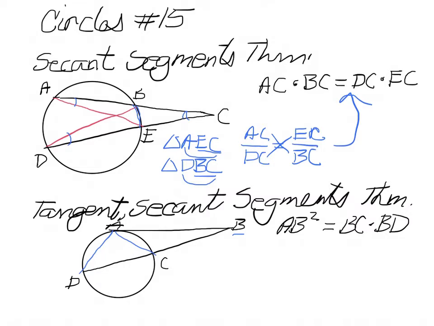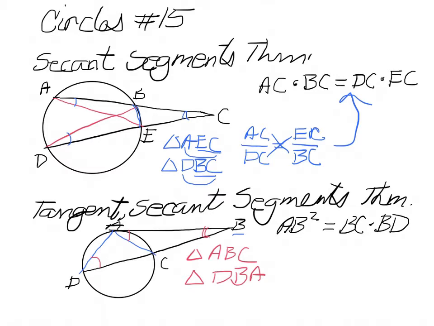So why are they similar? The triangles we're looking at are triangle ABC and triangle DBA. If you have those two triangles, then angle B is equal to angle B. Then we'd like to show that angle A and angle D are the same.